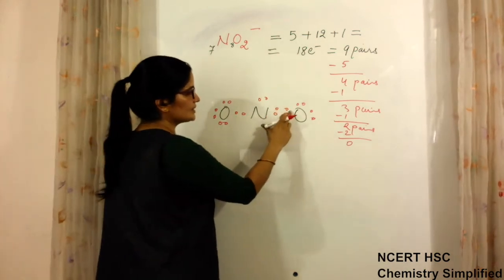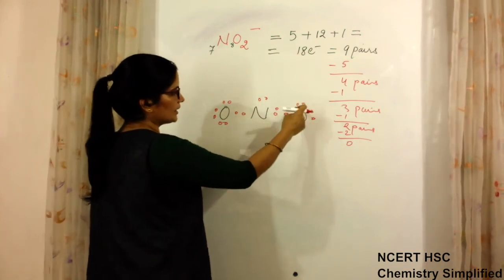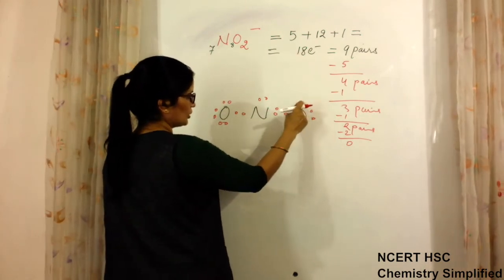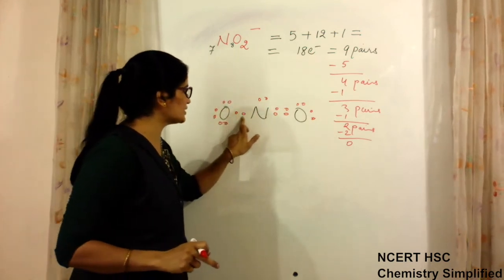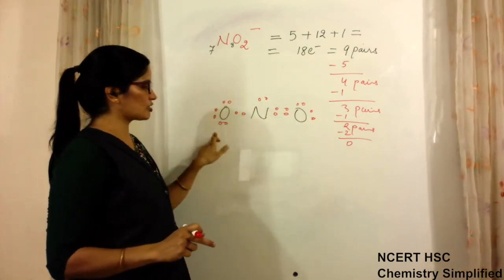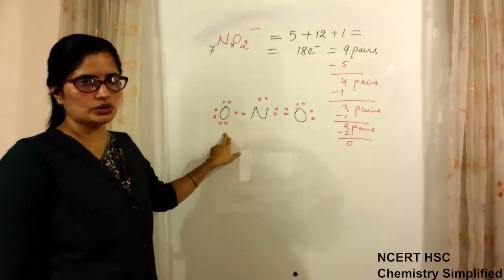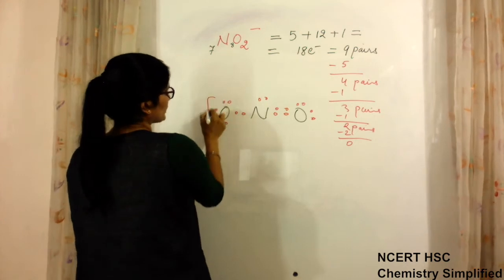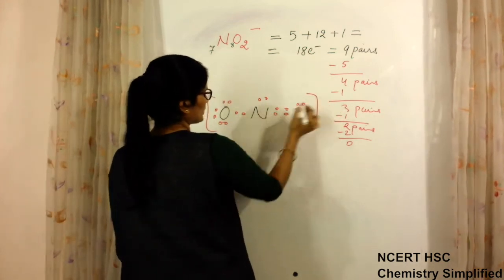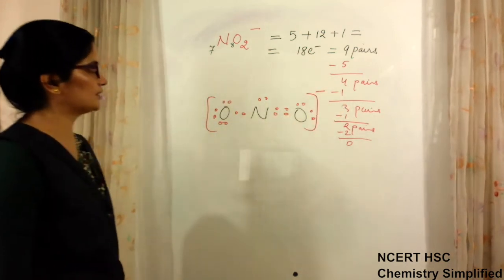So by placing one side double bond, we have seen that we require 2 lone pairs on this, and one side we can have, whenever there is single bond, then for oxygen you will require 3 lone pairs to complete the octet. So because as a whole molecule has one negative charge, you have to put it in bracket and put a negative sign.